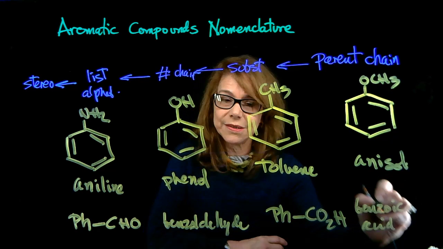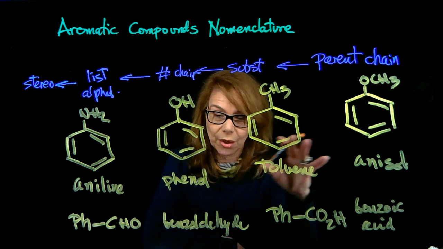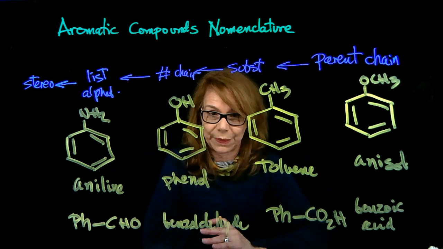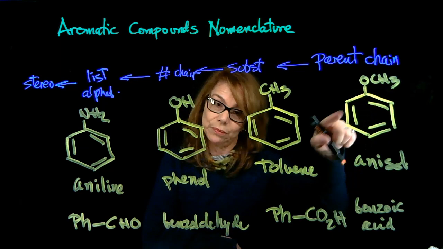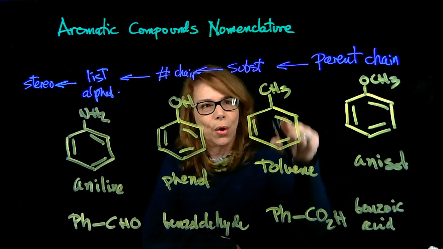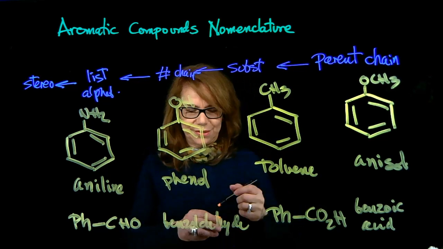So these names we actually need to learn. We name many compounds using those as parent chains, not only benzene. And again, we can say methoxybenzene, but more commonly we'll be saying anisole, or here methylbenzene is toluene, and so forth.